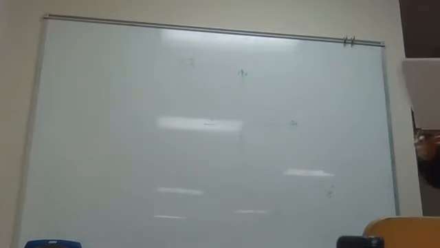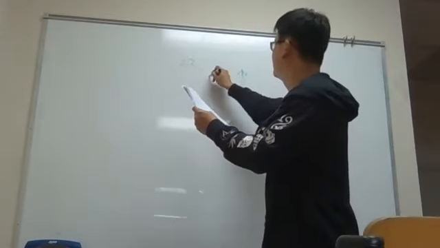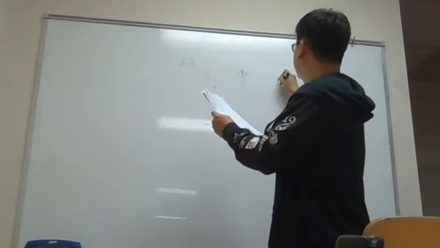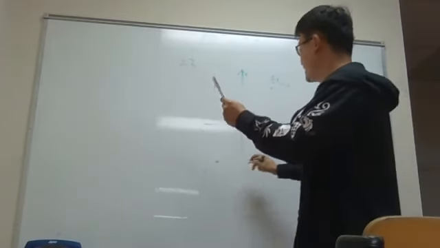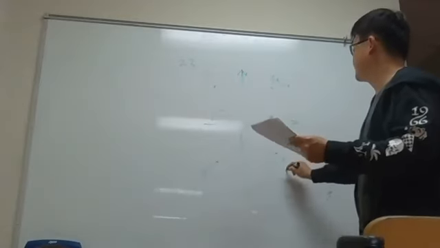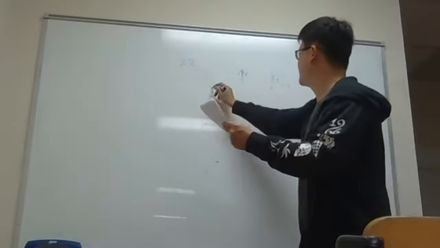We have PQRS. P is -1, 1, and Q is 1, 1. R is -1, -1, so they're all symmetric to each other. And S is 1, -1. So have a circle like that going through these 4 points.